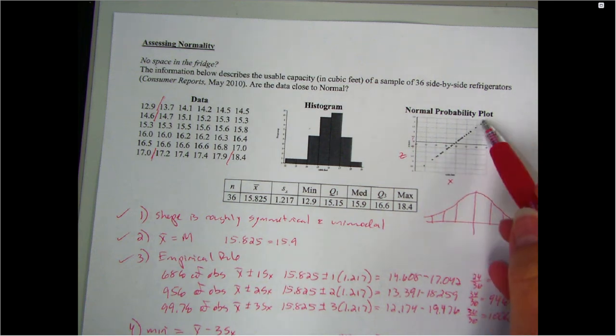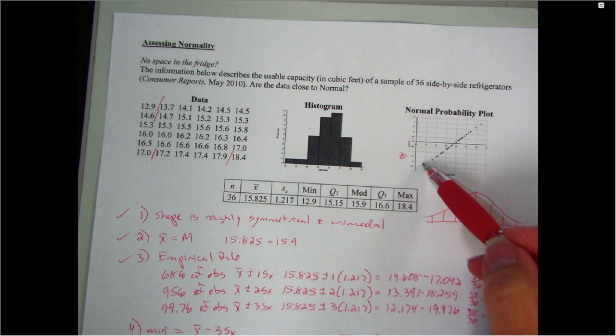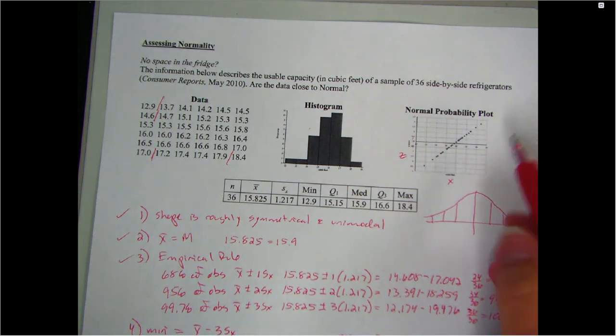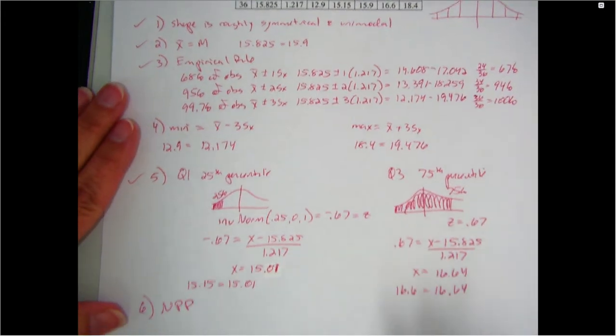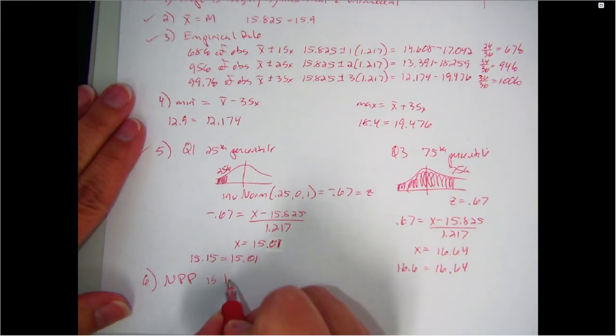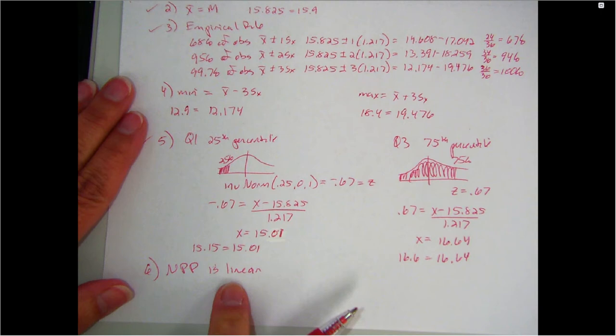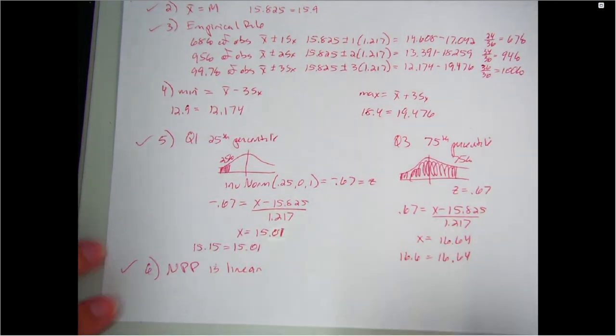Okay, this definitely looks linear. So the more linear the normal probability plot is, the more proof that the distribution is approximately normal. So I'm going to say my NPP is linear, and that is a good proof or characteristic that means my distribution is approximately normal.